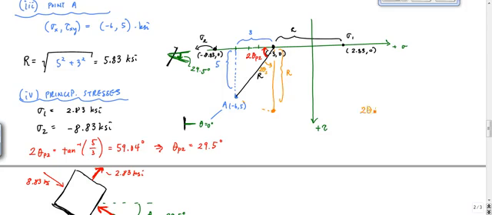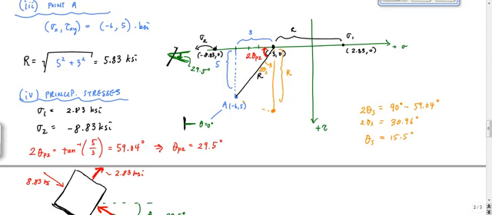That makes 2 theta s equal to 90 degrees minus 59.04 degrees, which is, is that right? 30.96 degrees. So 2 theta s is 30.96 degrees, and that makes theta s about 31 divided by 2, which is 15.5 degrees. Okay, theta s, 15.5 degrees.